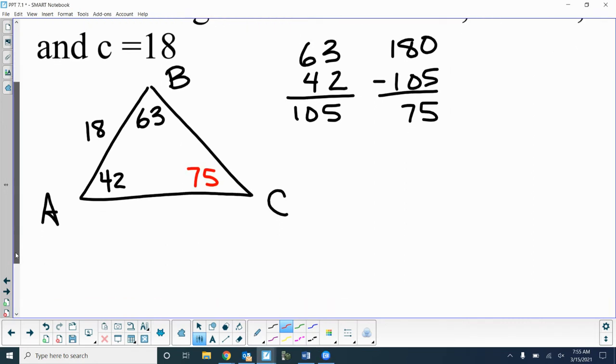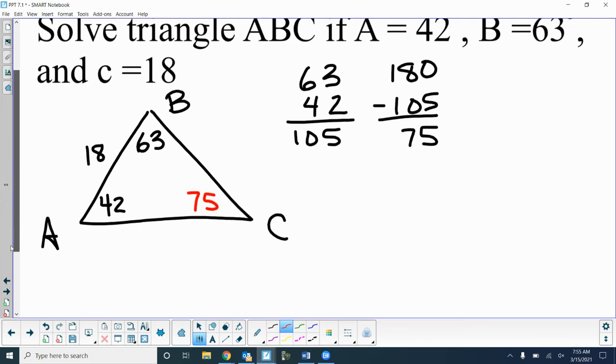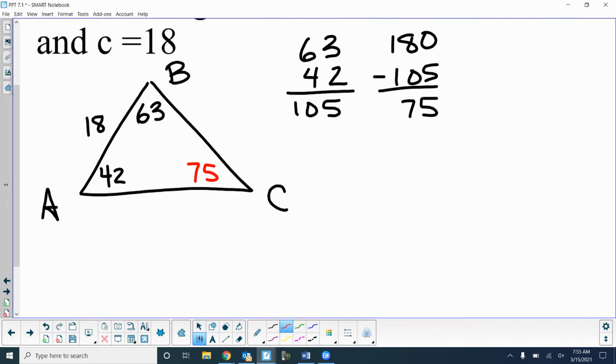All right? So I'm going to use that law of sines. So I know side c and angle C. So I'm going to go 18 over the sine of 75 equals a, because a is here, over the sine of angle A, which is 42. And then I'll cross multiply and divide to solve that proportion.